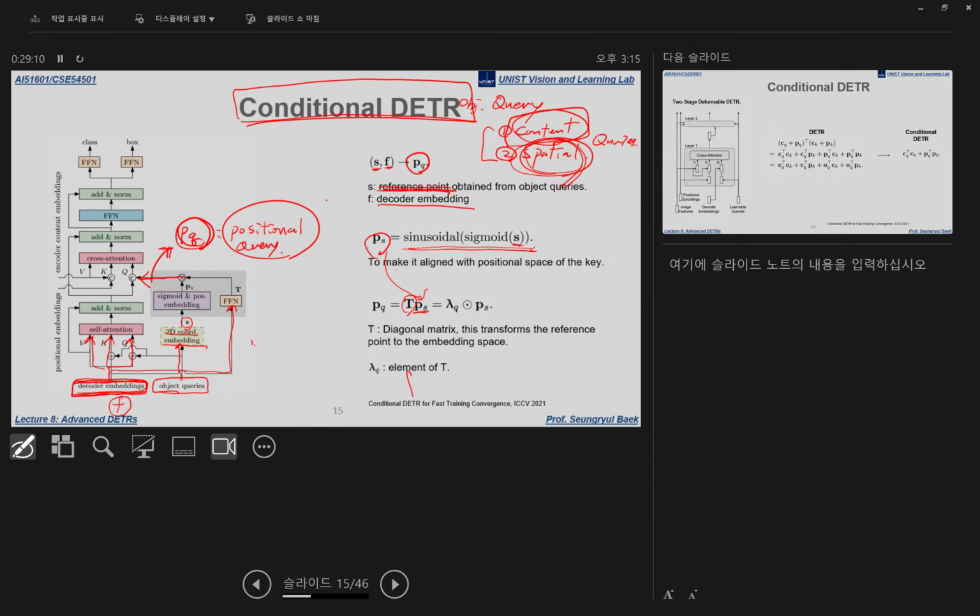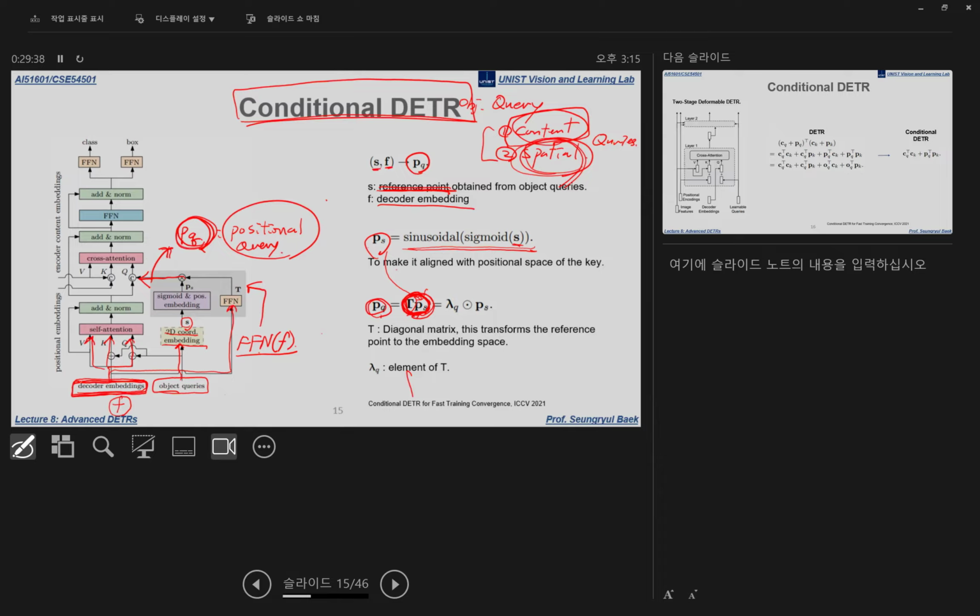By applying FFN, the feed-forward network operation, to the F vector, we get the T. And then by multiplying these two, F and S, we get the P of Q, which is the positional query. So that is happening in this part.